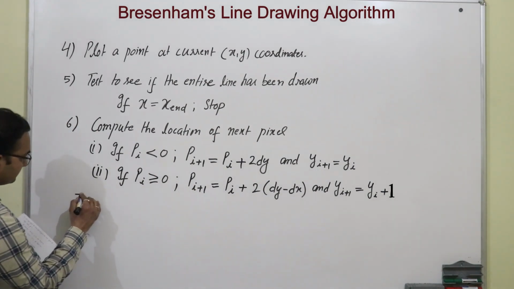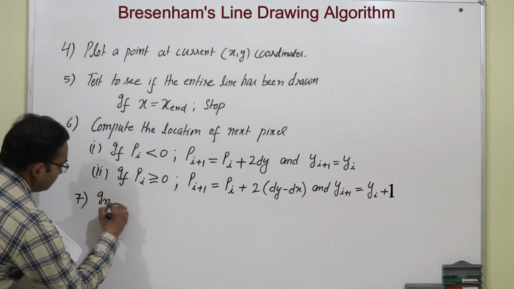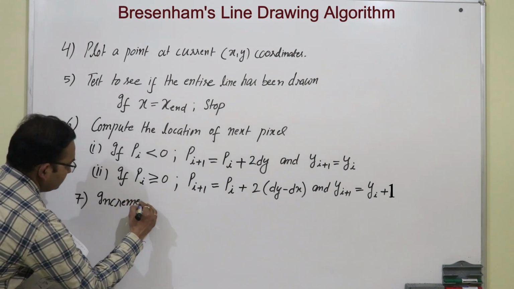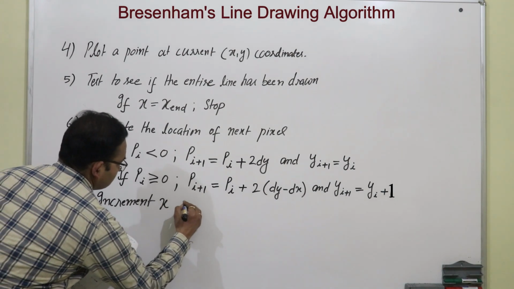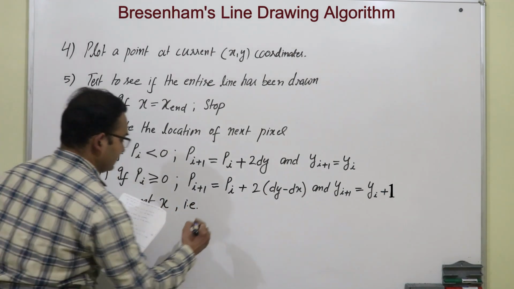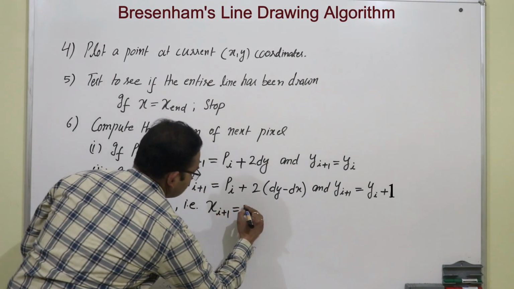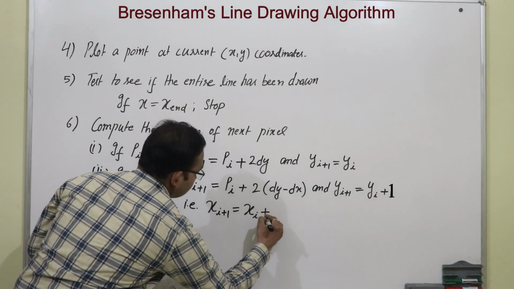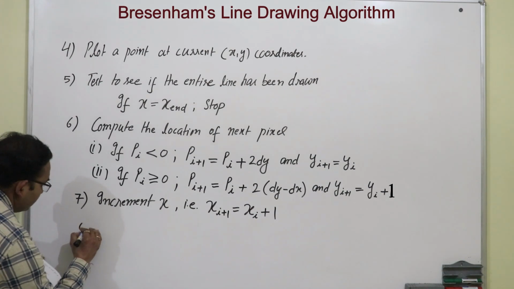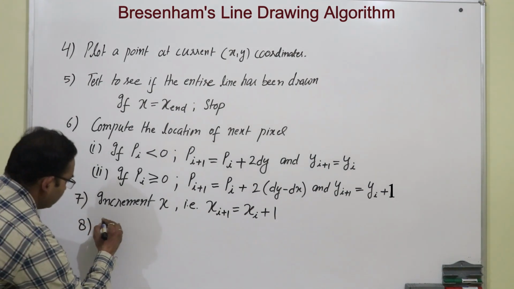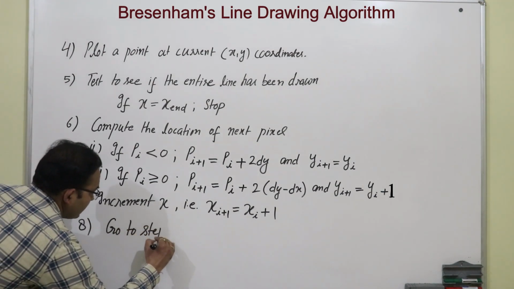Point 7, increment x, for example, xi plus 1 equal to xi plus 1. Point 8, go to step 4.